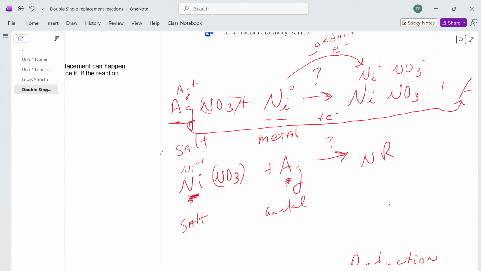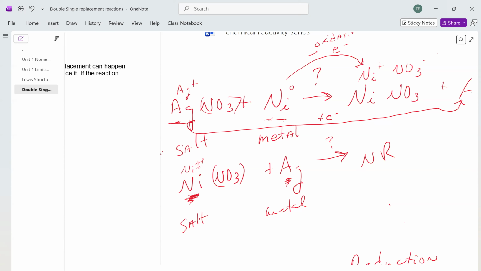Professor, if there's no reaction, then there's no oxidation or reduction happening? Exactly. Because if the nickel is above the silver, the metal salt, it's already oxidized because it's a +1. The metal is a 0. So this is already oxidized.